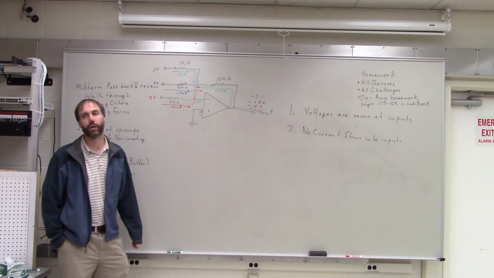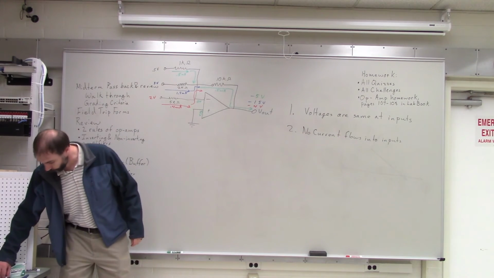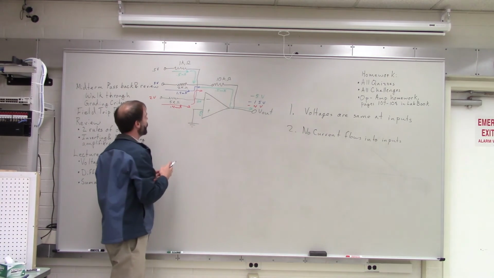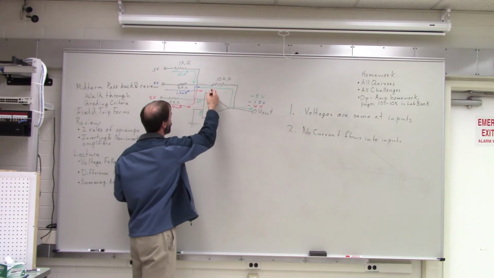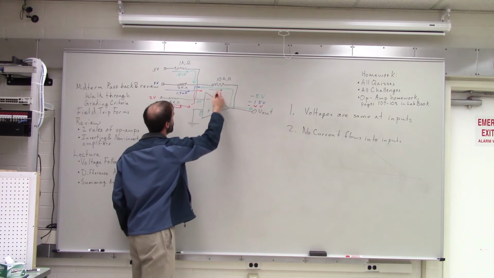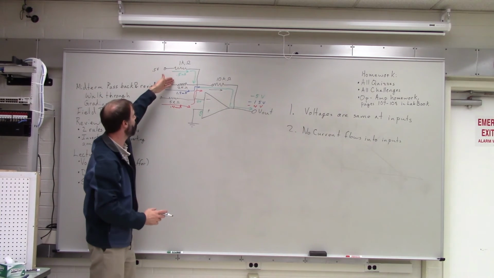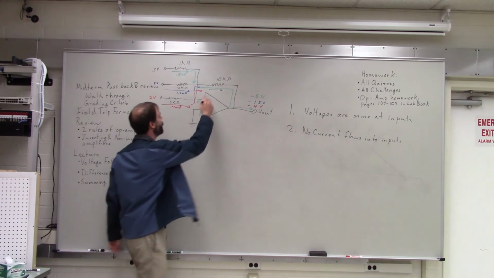right? But what we see is that the total current flowing through this resistor is the sum of all of these currents. So the total current through here is 0.5 plus 1.5 plus 0.4. So that is a sum of 2.4.